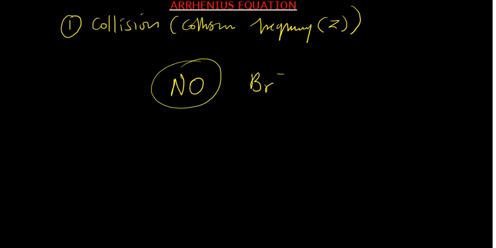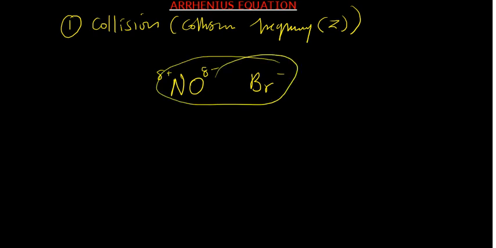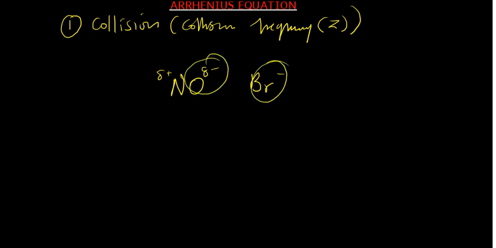Now if we consider nitrogen monoxide, oxygen is partially negative. Why? Because it is more electronegative. And then nitrogen is partially positive because it is less electronegative. And so with this kind of orientation, a reaction won't be able to happen because a negative and a negative will repel each other. So no reaction.